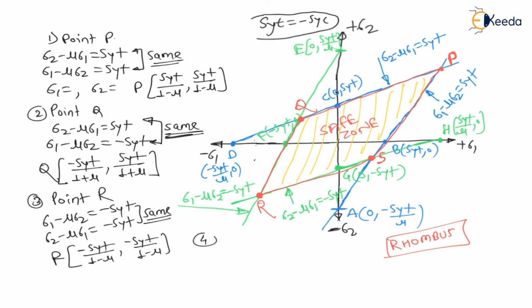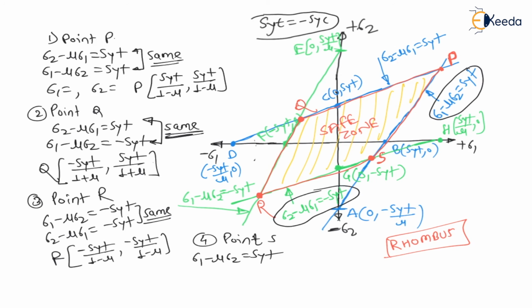Again, for point S, this point S is the intersection of the line sigma 1 minus mu sigma 2 is equal to SYT, and sigma 2 minus mu sigma 1 is equal to minus SYT.